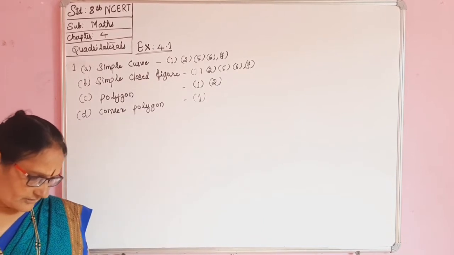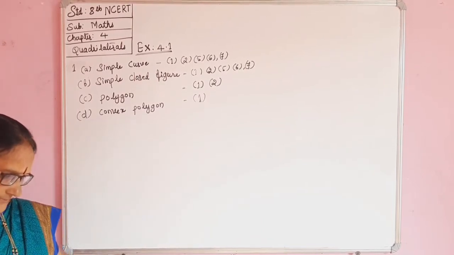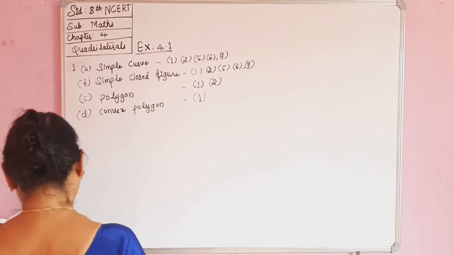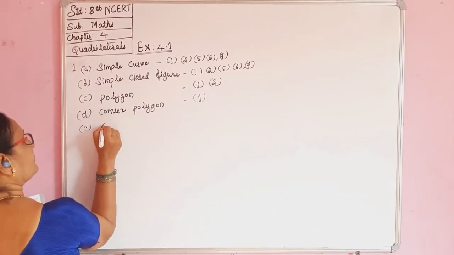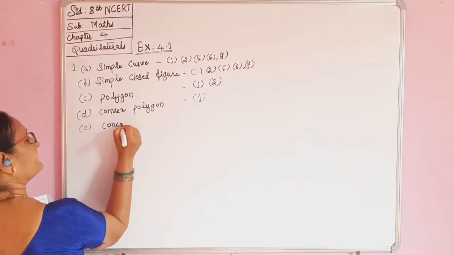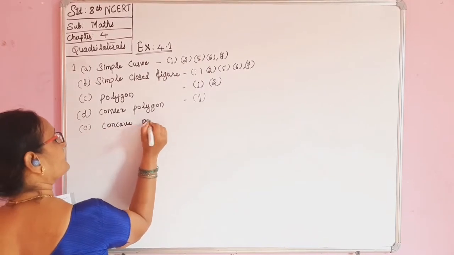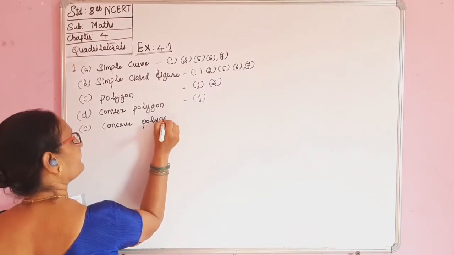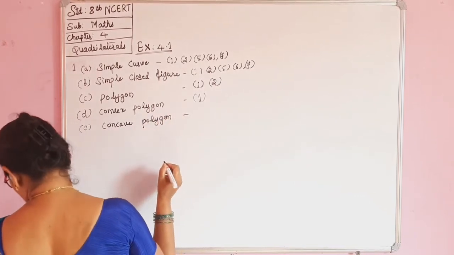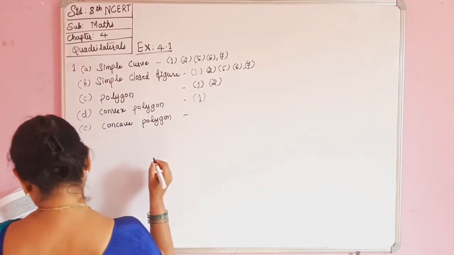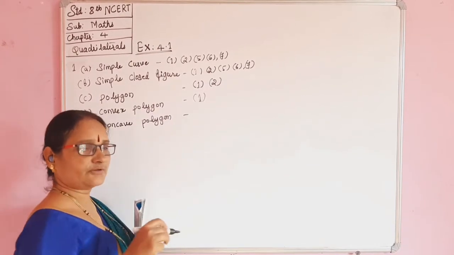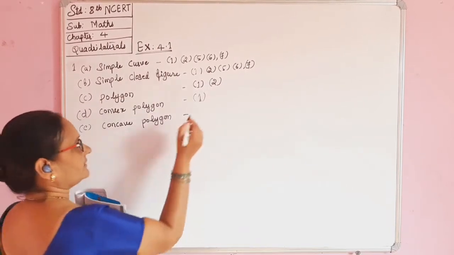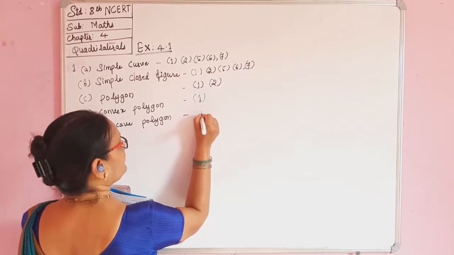Then which is the concave polygon? Concave polygons are the 1 and 4. Even the fourth one, the star, is there, no? Just observe the angles there. They are concave polygons.